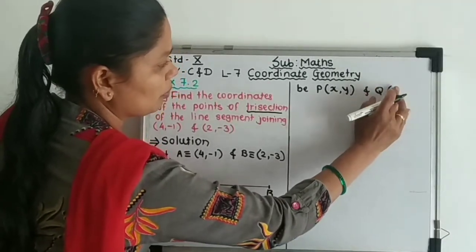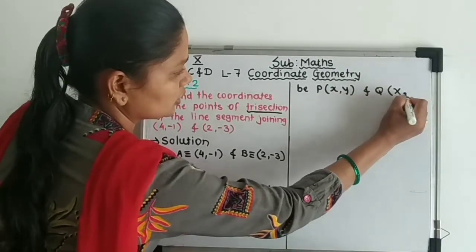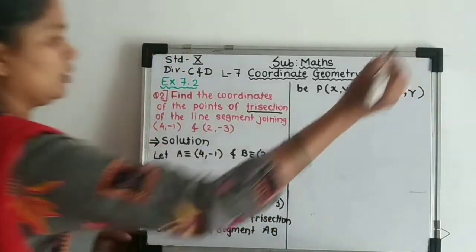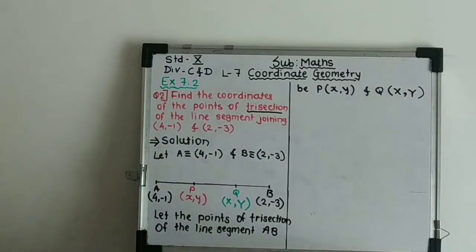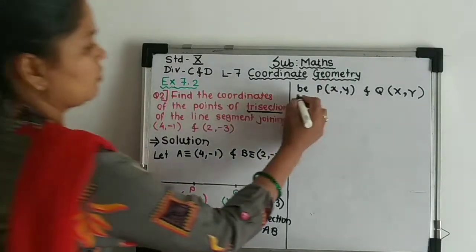Write it down properly. Understood? So we have written this respectively.